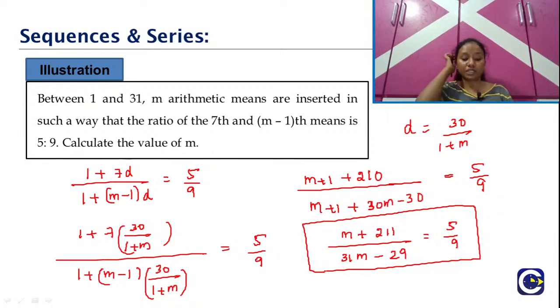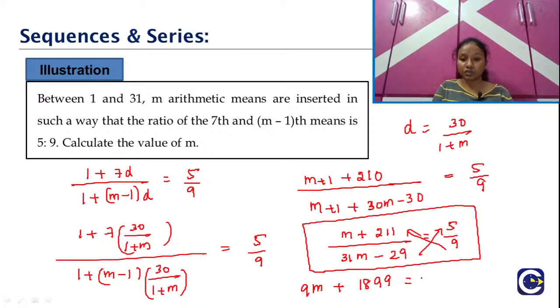In order to find the m value, just do the cross multiplication here. It will be 9m plus 1899, that is 211 into 9, equal to 31m minus 29 into 5, that means 155m minus 145. Now let's bring the m terms together and the other terms to the other side.